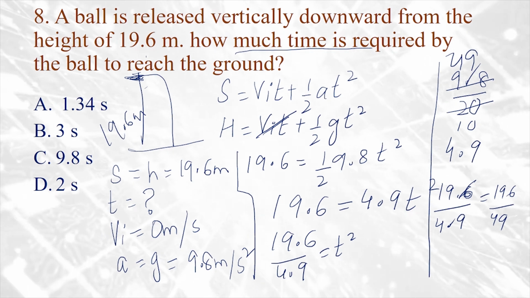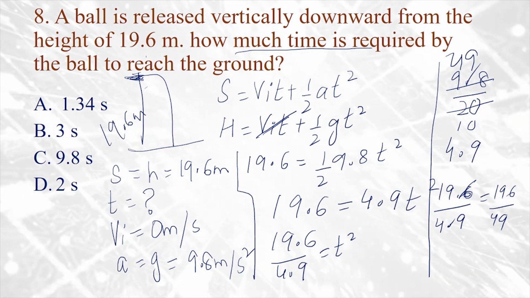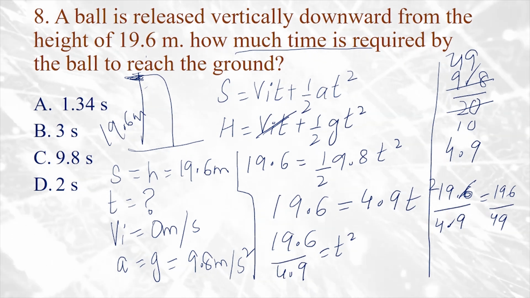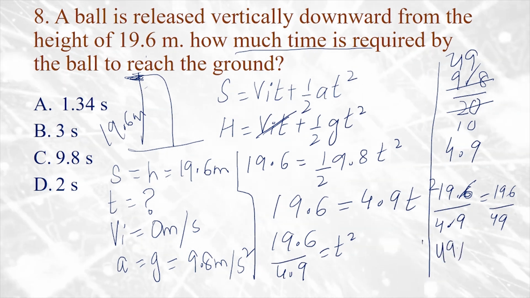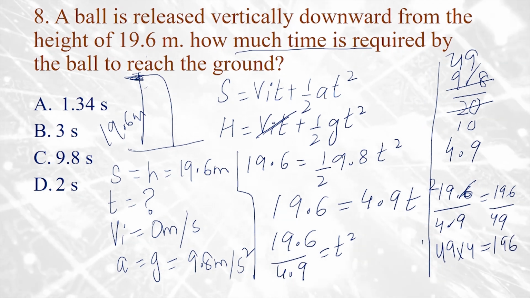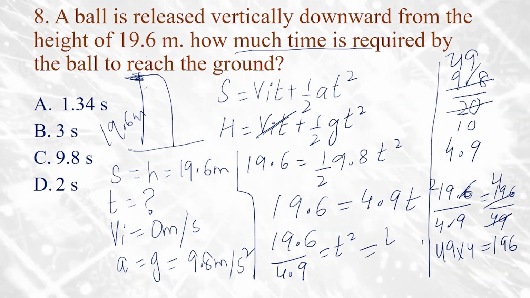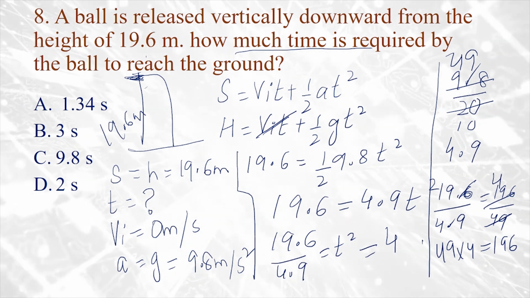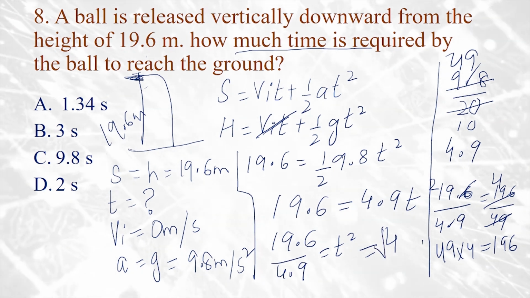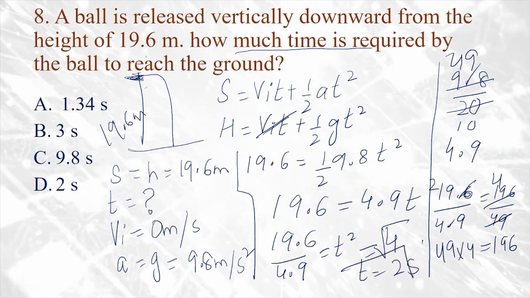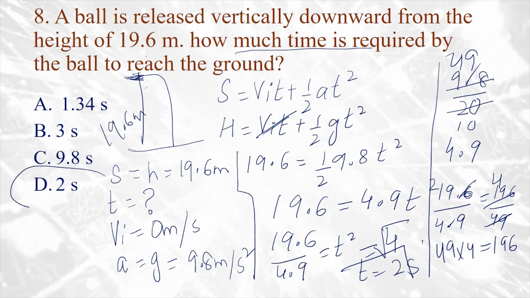If you calculate, or if you recall the table of 49, then 49 multiplied by 4 gives 196. So you can cancel it out easily. So T square will be 4, and when you remove this square, there will be a root over here. So T will be 2 seconds. So the correct answer is 2 seconds.